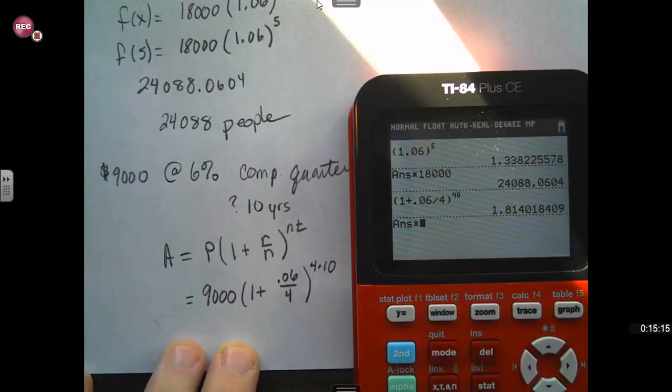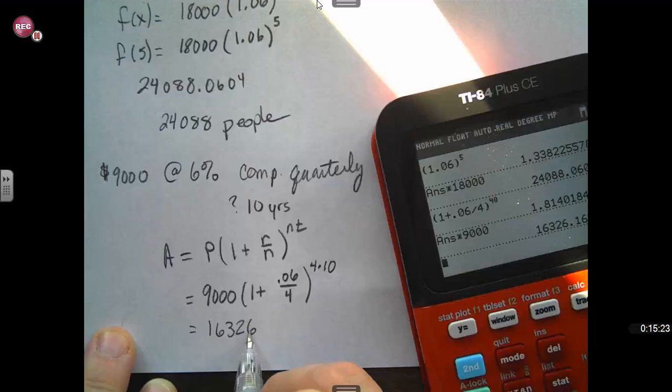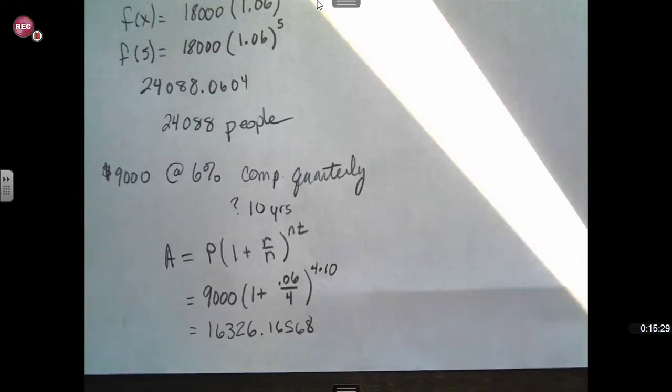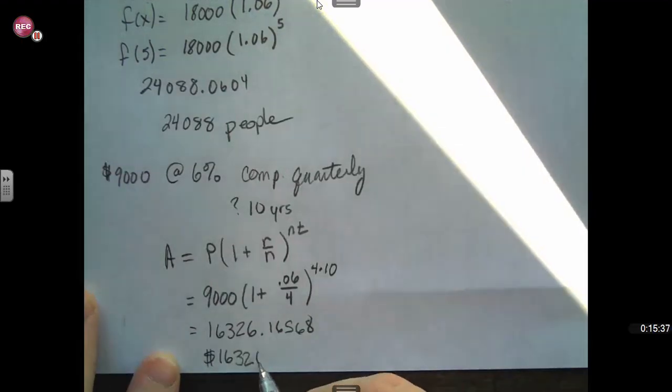So then times 9,000. We get 16326.16568. And when we're talking about money, we round to the hundredths place. So my answer would be $16,326.17.